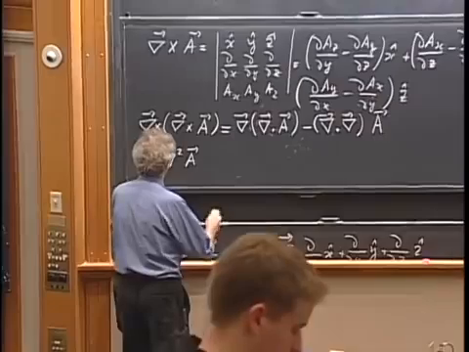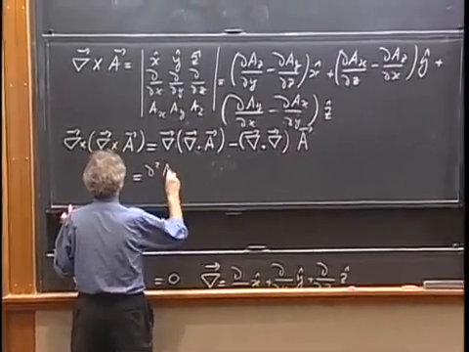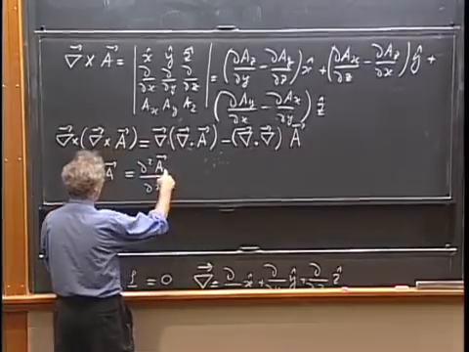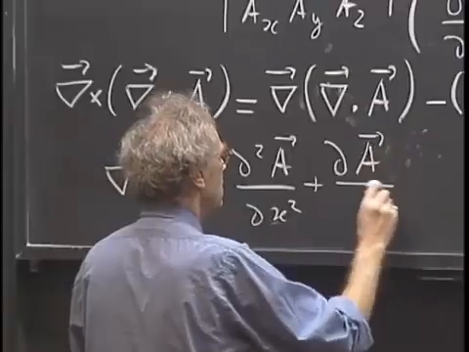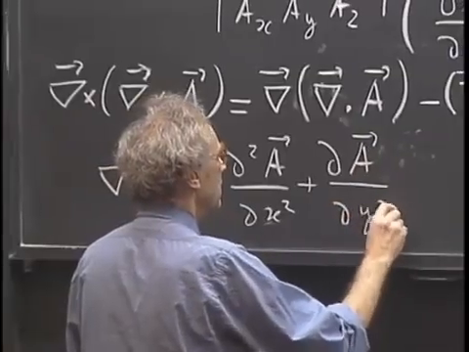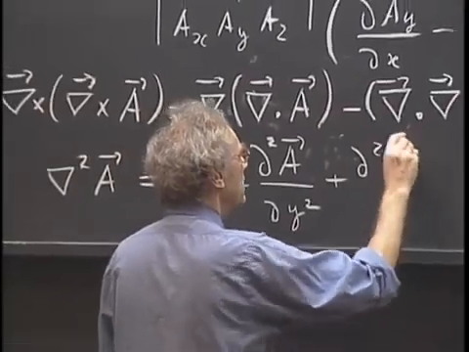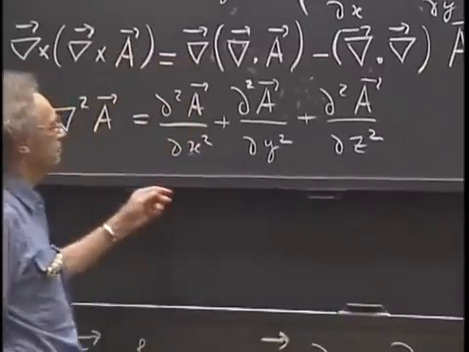And so the del squared of a vector is d2A dx squared, the whole vector, plus d2A dy squared plus d2A dz squared.